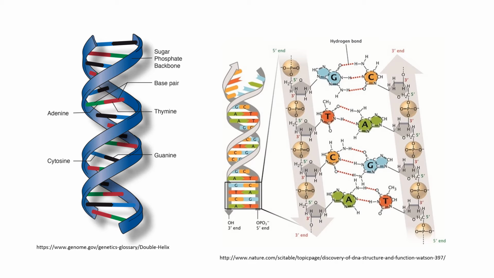It peels the strands apart and then makes a complementary strand for each of the two strands, and we will cover that in a little bit more detail later. I just wanted to preface it for you. But now we understand the basic chemical structure of DNA.